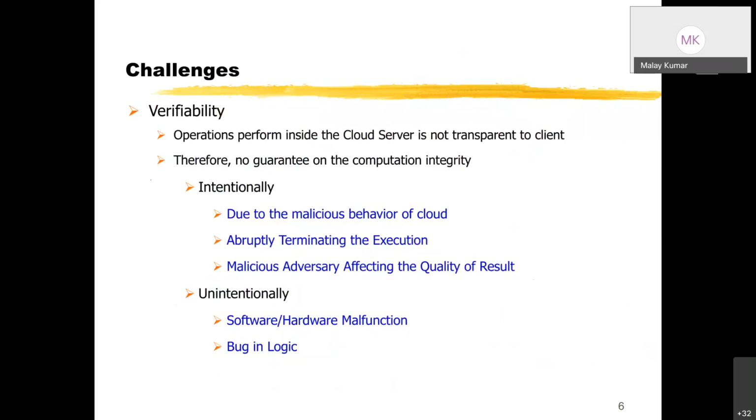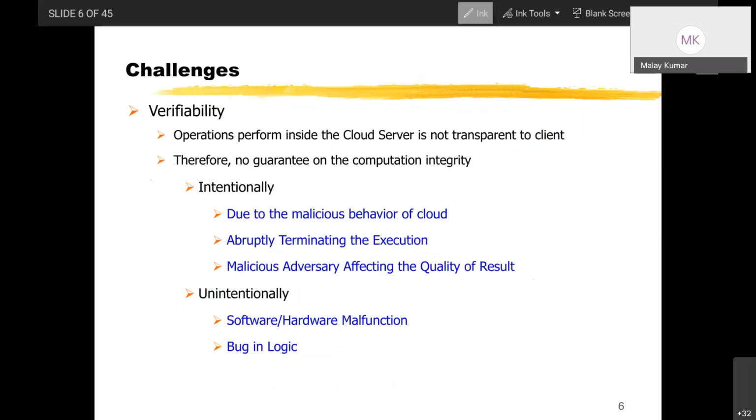When the cloud is performing the computation, now the point arises: how to handle the integrity of the data, how to handle the integrity of data, because the cloud server is not transparent to the client, and also there is no guarantee of computational integrity.